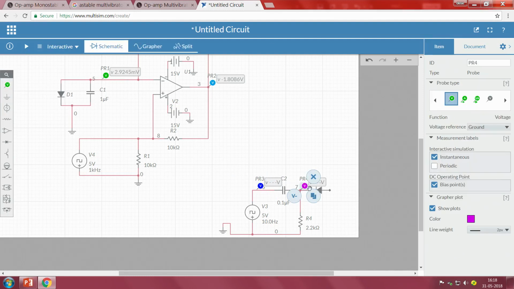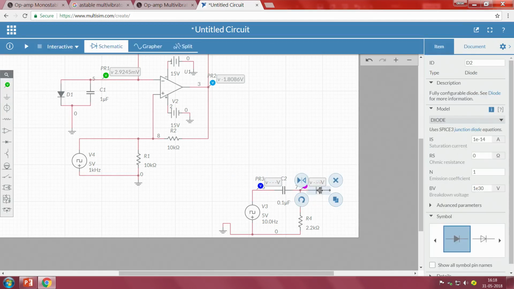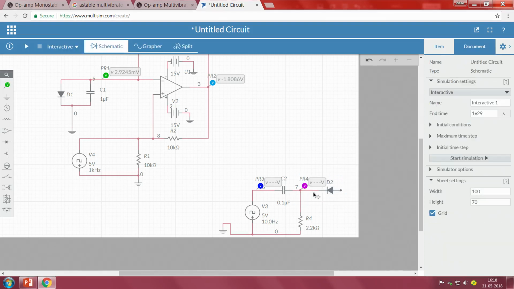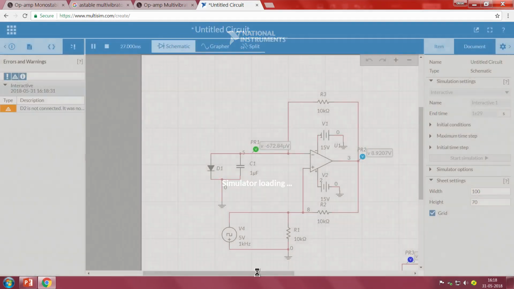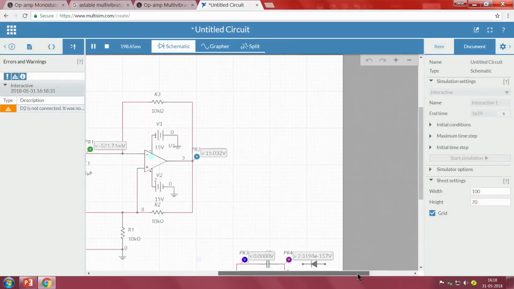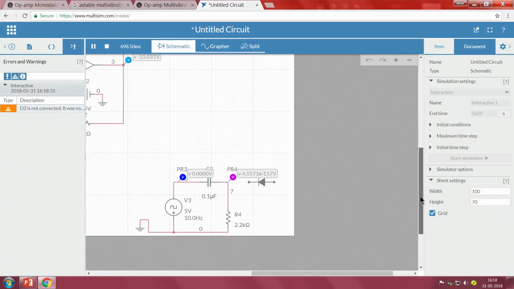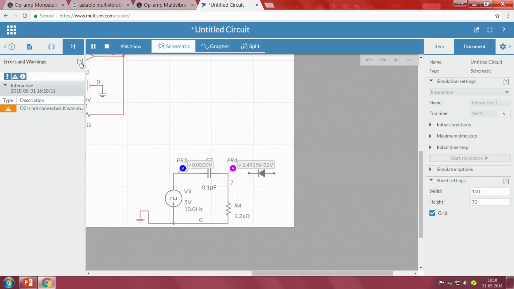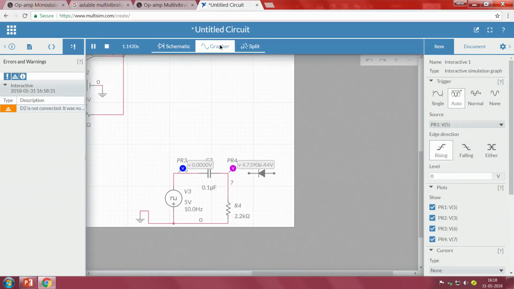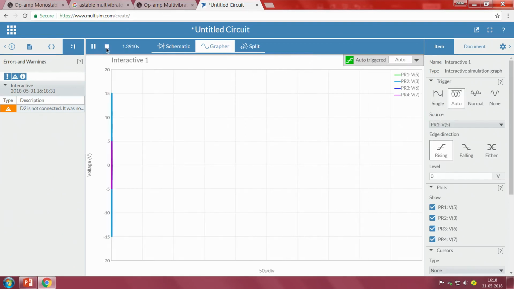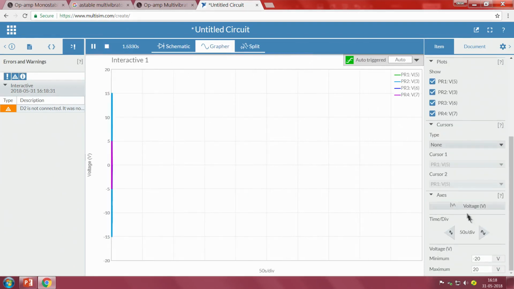I will remove this diode, just for our understanding right now. Let me run this and see the working of this portion. Why are we doing it? We require only a negative spike, and when the input becomes positive, I do not need to see any output. It should remain the same, with no influence.